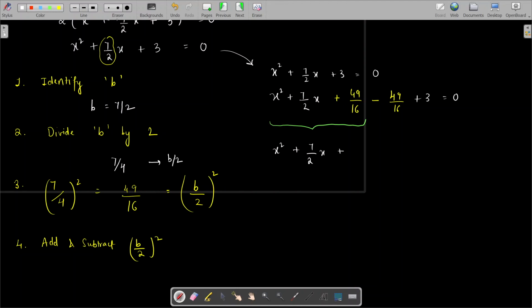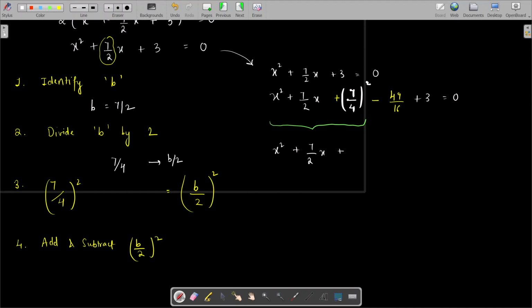You can simply leave it at this step. We don't need to find 49 over 16, just keep it like this. Over here this is 7 over 4 whole squared. But here you have to find its square.